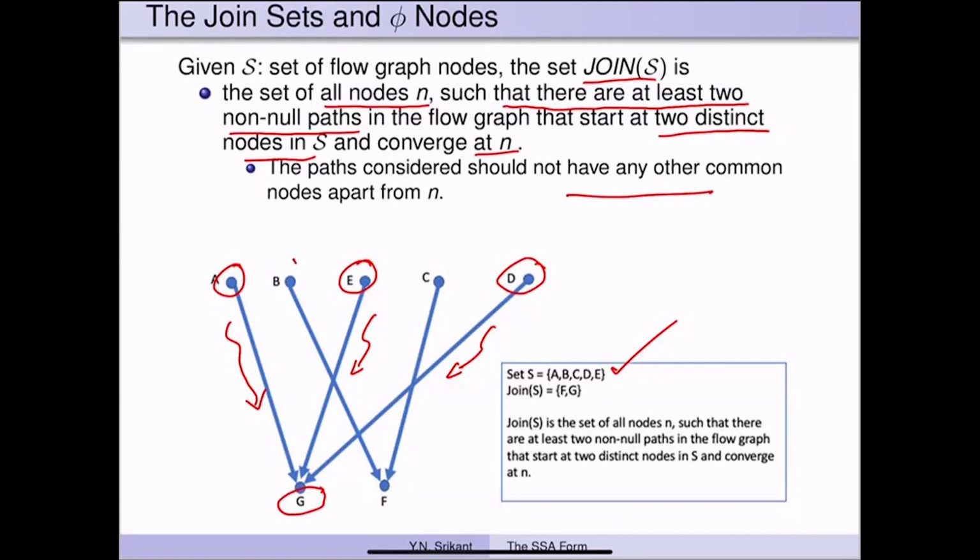Similarly, if you consider the two distinct nodes B and C, they have paths which converge at F, okay, with no other common nodes.